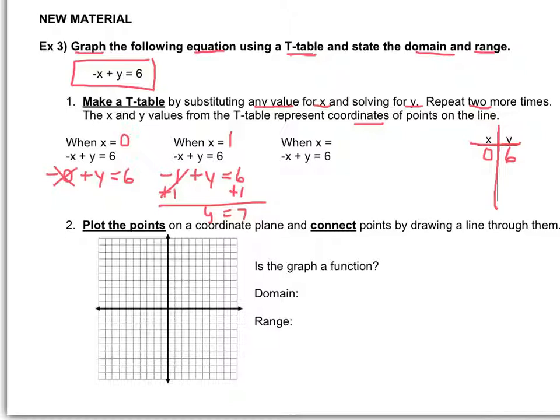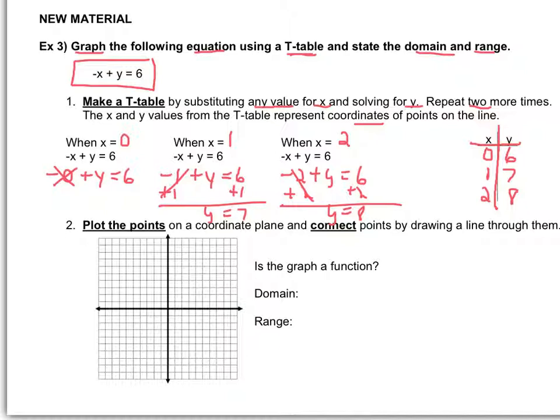So when x is 1 on my t-table, I get 7. And one more time, let's just choose 2, since we'll just go in order. Then -2 plus y equals 6. Add 2 to both sides, and then y is equal to 8. So when x is 2, then y is 8.